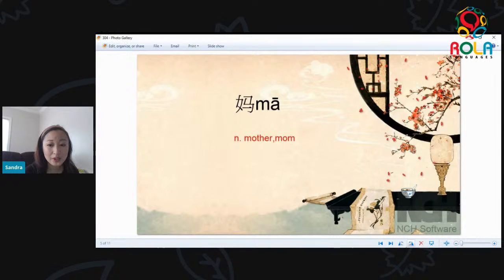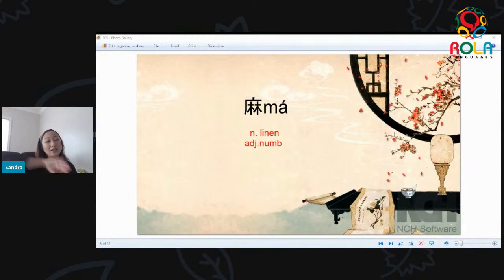Next up, we see ma, a rising tone. It can be used as a noun. It means linen, and it also can be used as an adjective. It means numb, like my hand is numb. 我的手麻了. And also, I don't know if I should mention it, ma also means marijuana. All right, we're not gonna talk about that anymore.